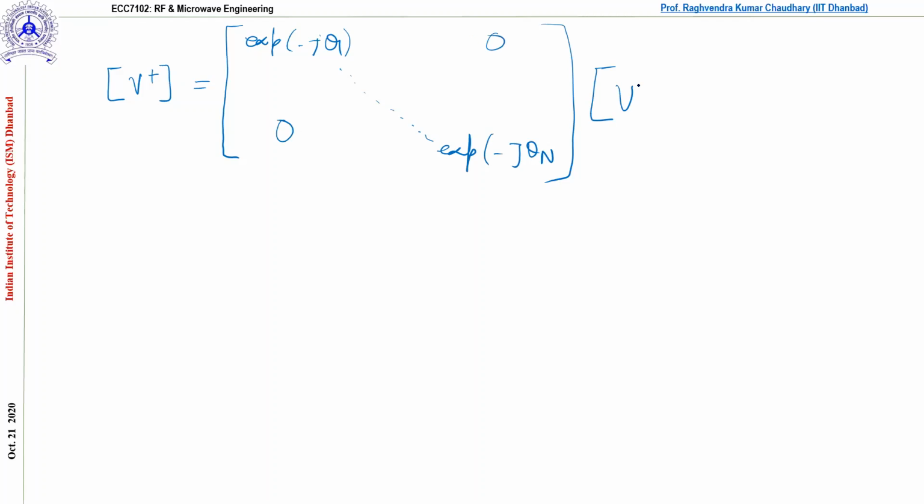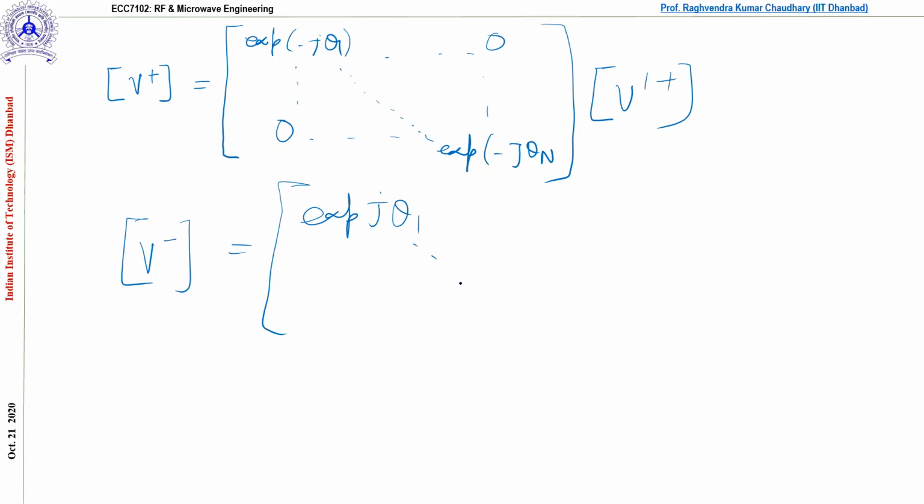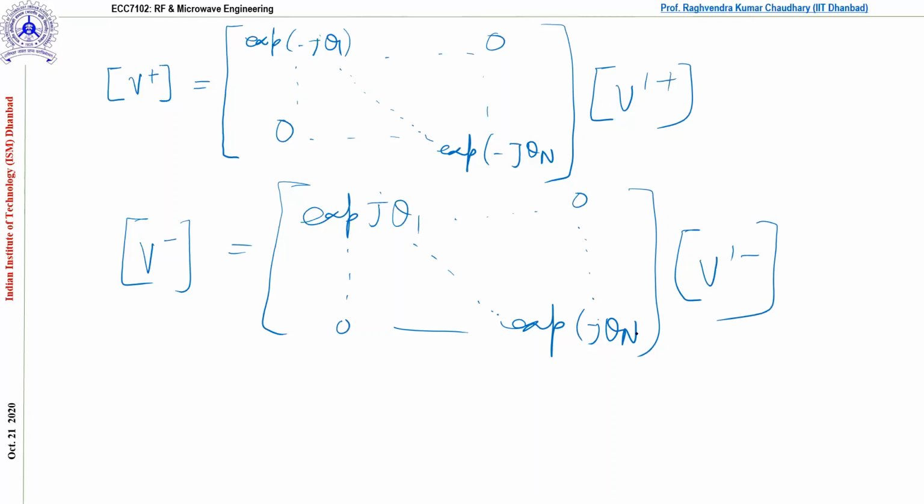And this is V dash plus. Similarly, V minus you can write down like this, exponential j theta 1, and this is exponential j theta n, 0, 0, and this is V dash minus.